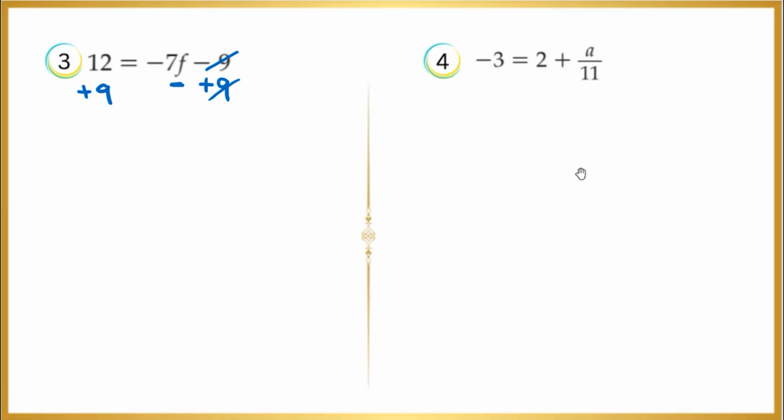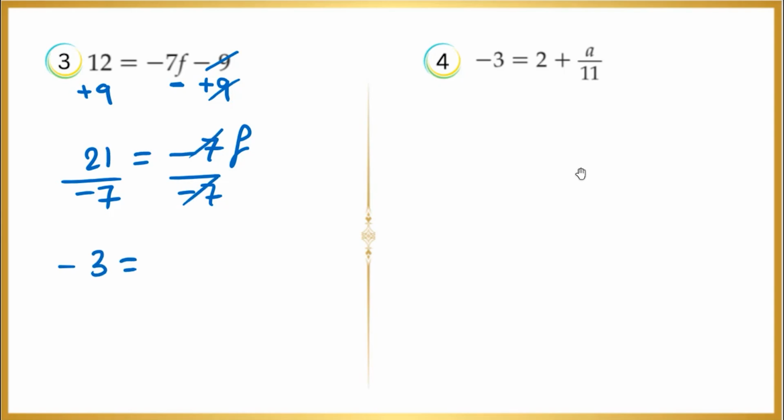12 plus 9 is 21 equals negative 7f. Now, negative 7f is multiplication. To cancel multiply, like we said before, we divide. Now, positive divided by negative is negative. 21 divided by 7 will be 3. On the other side, cancel negative 7 with negative 7 because it will be 1. Any number divided by itself equals 1.